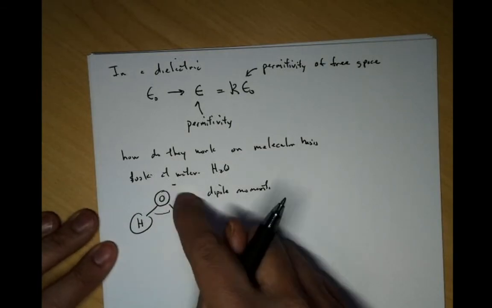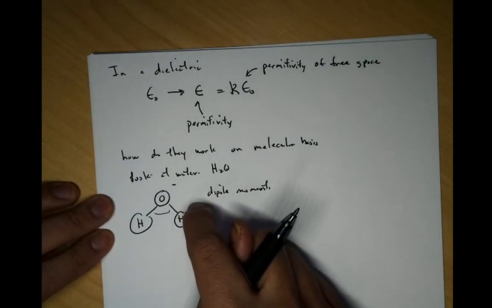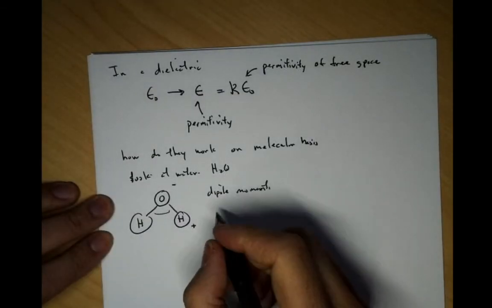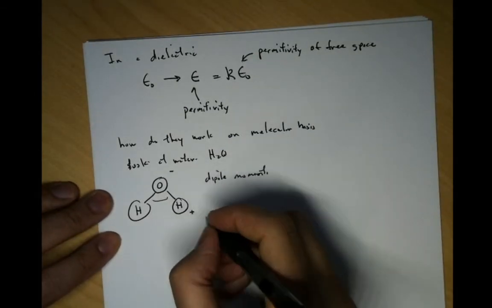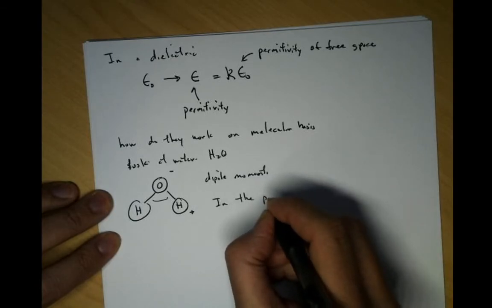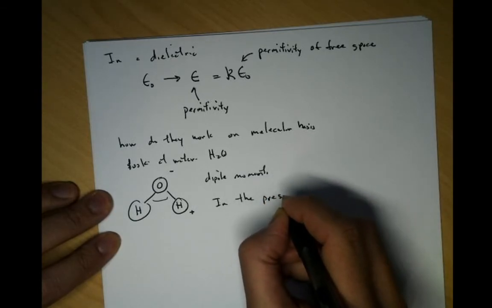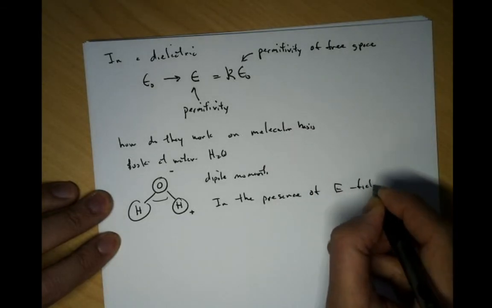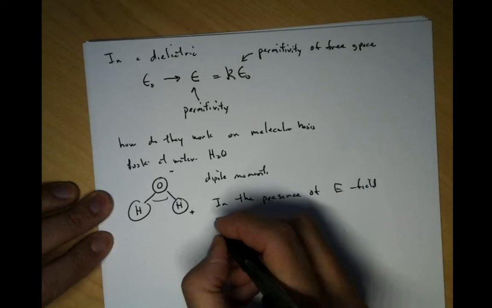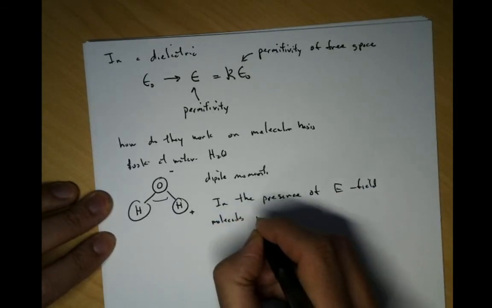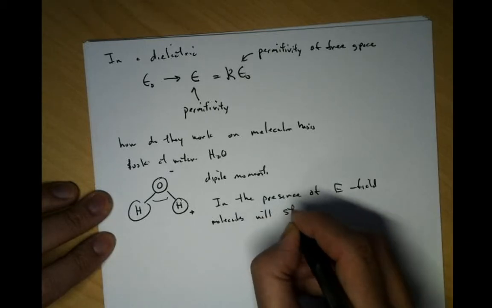And there are lots of molecules which have this sort of feature. Even if they don't have this feature, if you apply an electric field across them, it can induce a dipole moment across it, which will act the same way. Okay? So what happens is that in the presence of an electric field, molecules will start to align.